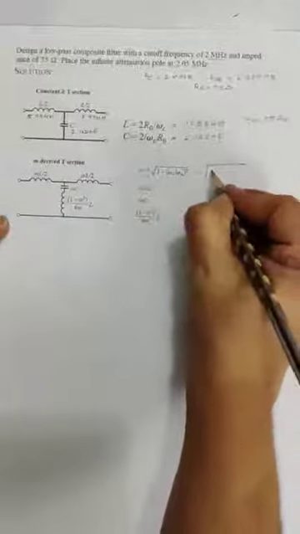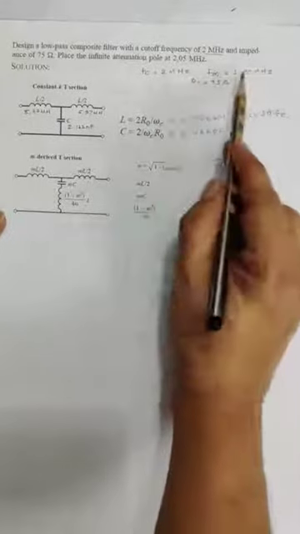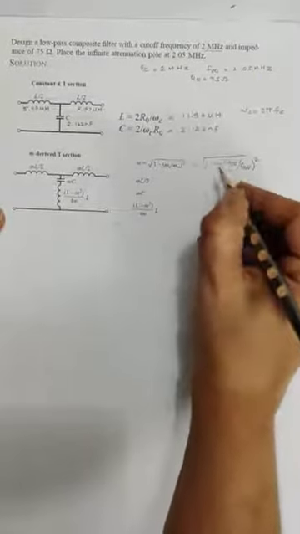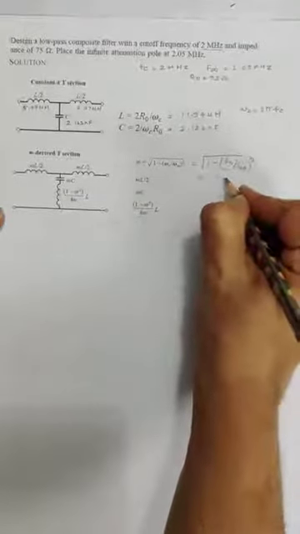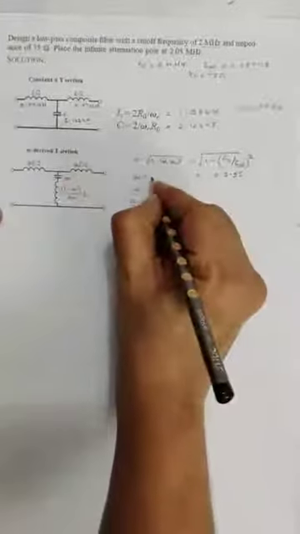Here one can write the formula as 1 minus fc by f infinity the whole square, because the 2 pi will get cancelled. After substituting fc as 2 and f infinity as 2.05, the m value turns out to be 0.2195. So here we put m equal to 0.2195 and calculate the component values.